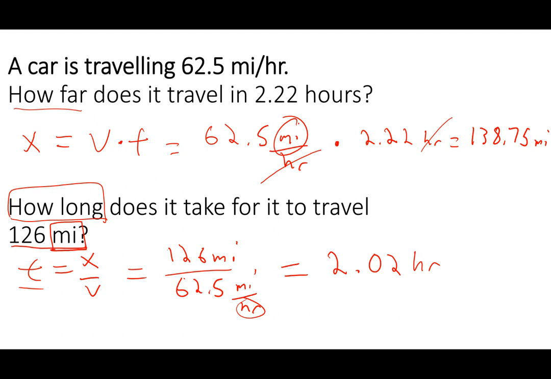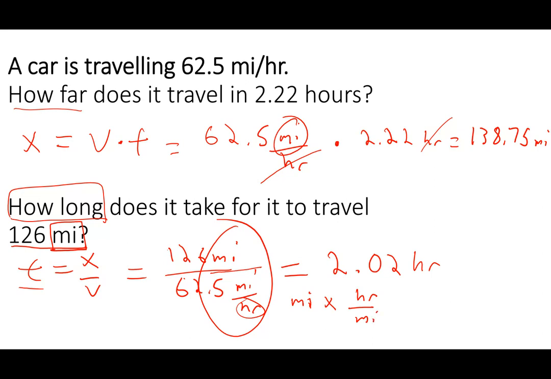But why is hours our unit? Why does that end up being our unit? Well, if I look here at the units, I have miles divided by miles per hour. That's what this is saying. Miles is on top. I divide it by miles per hour. Well, when I divide by something, that's the same thing as multiplying by its reciprocal, meaning instead of miles on top, hours on the bottom, I put hours on top and miles on the bottom.